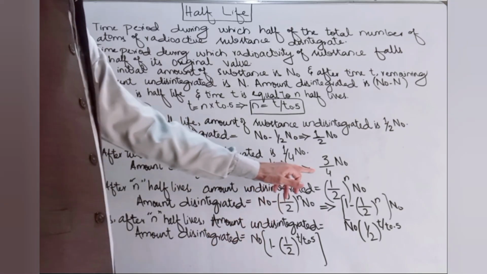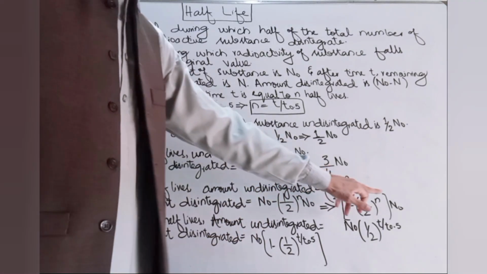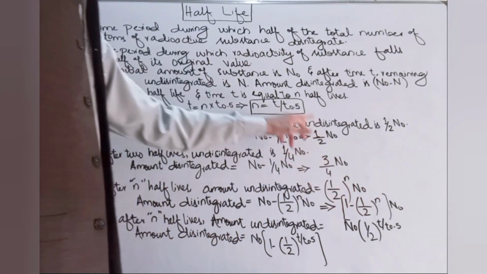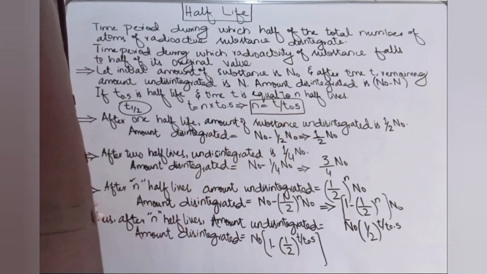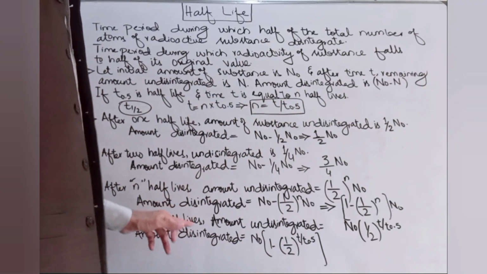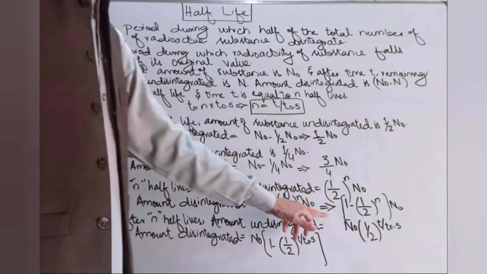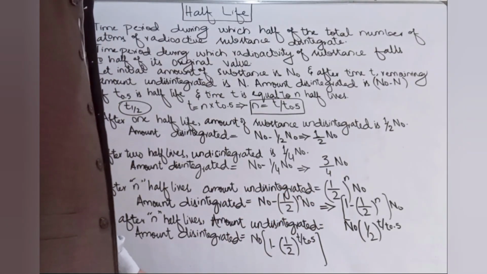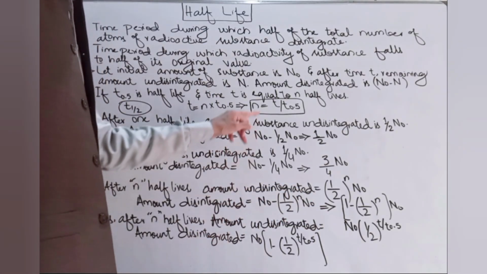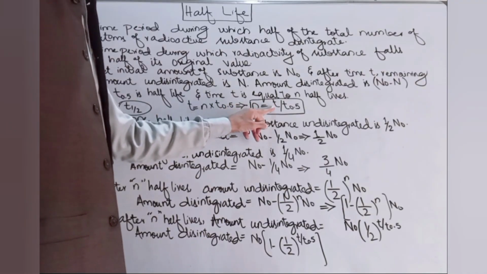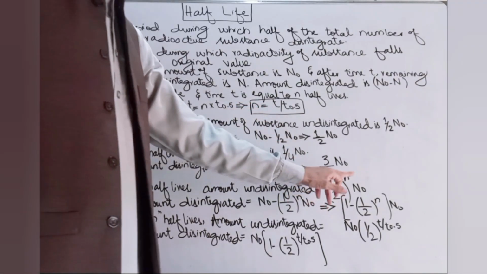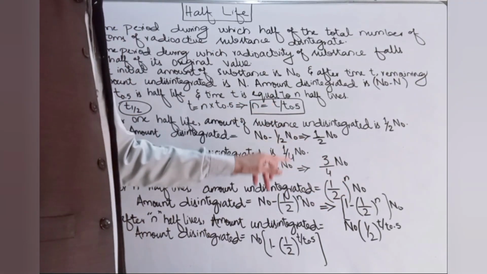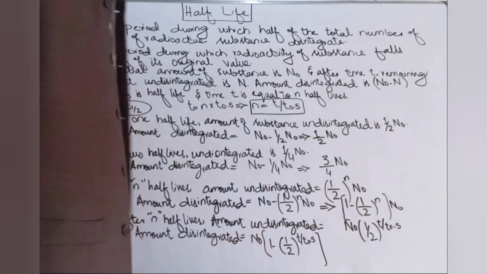Here the factor n can be replaced with t over t 0.5. So after n half-lives, the amount undisintegrated is equal to N0 into (1/2) raised to power t divided by t 0.5. We have put this value in place of n, and the same value here.